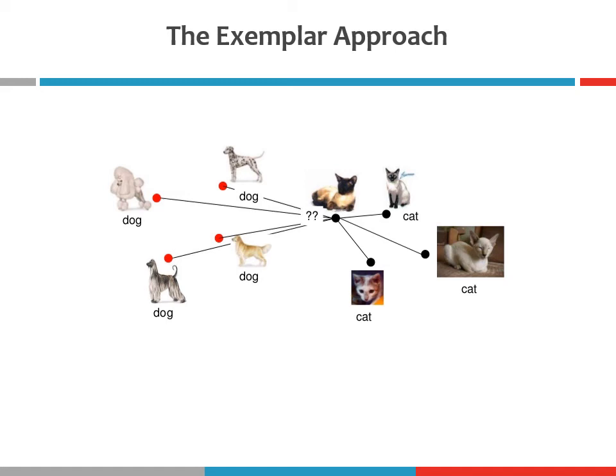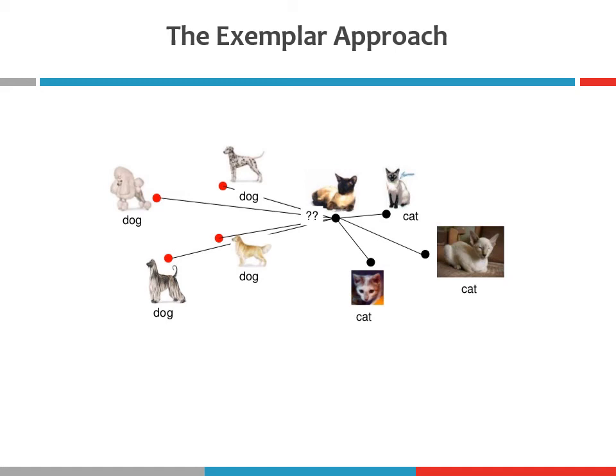But in this case, rather than comparing that object to a prototype, which is a single average member of that category, the standard object for the exemplar approach is just going to include many, many different examples of a category that you've encountered, right?